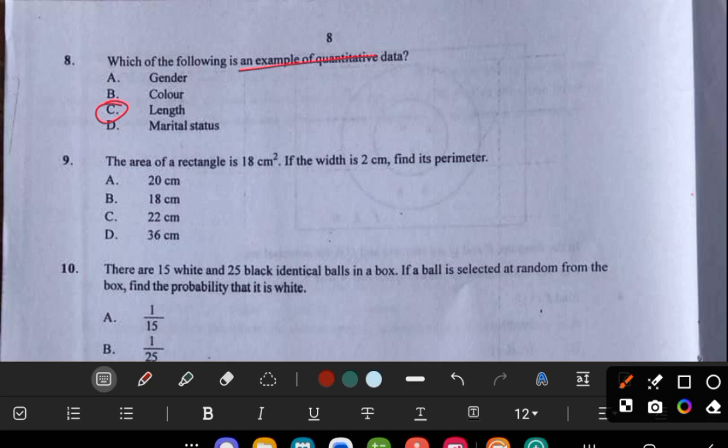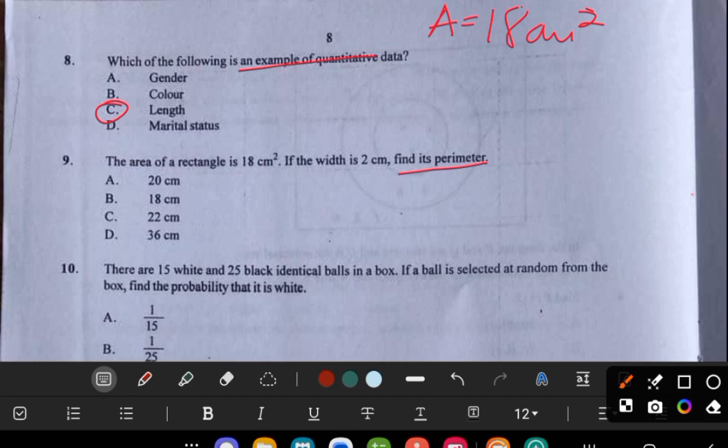Number 9. The area of a rectangle is 18 centimeters squared. So area equals 18 centimeters squared. The width is 2 centimeters. Find its perimeter. When a word problem question is given to you, don't try to find directly what they said you should find.